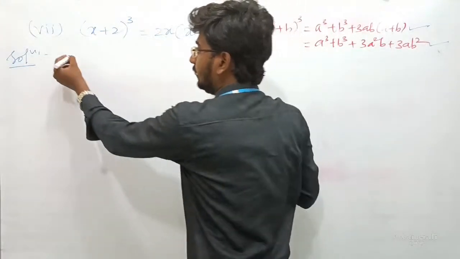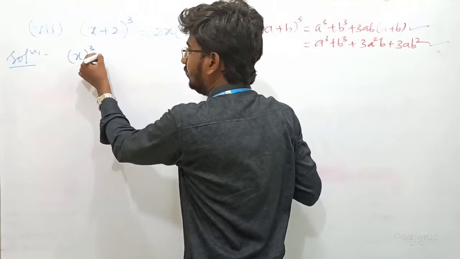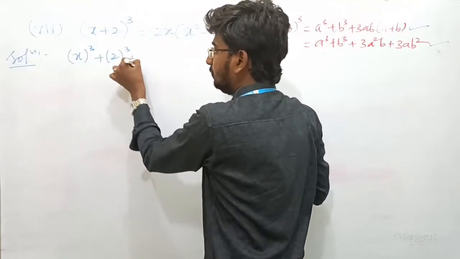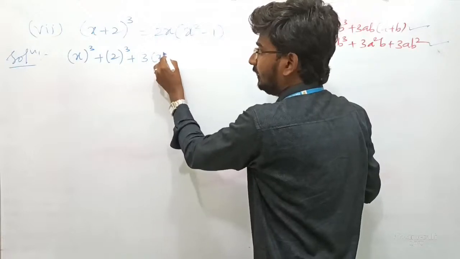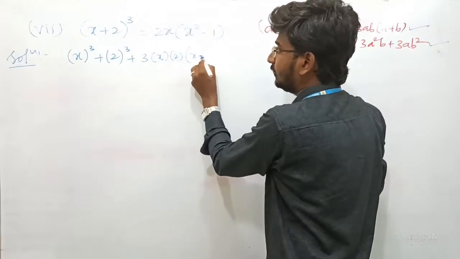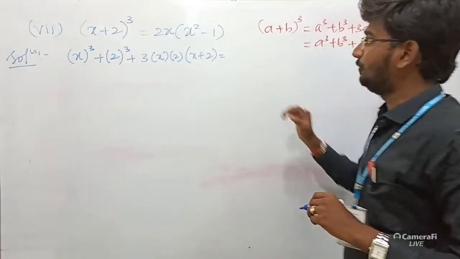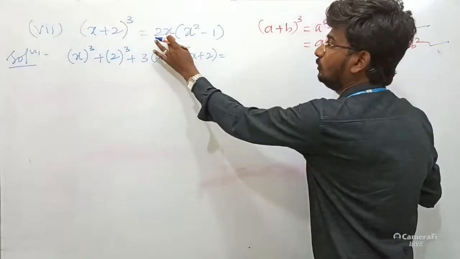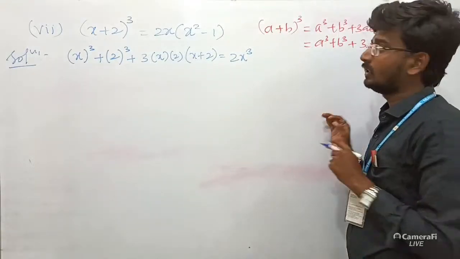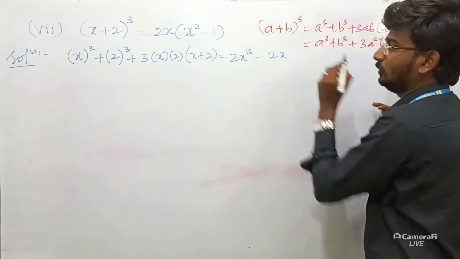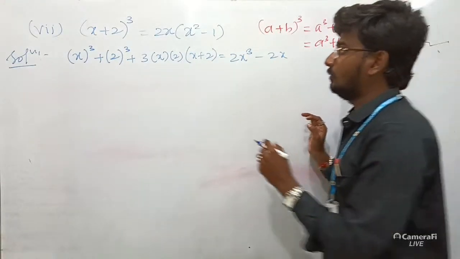x plus 2 whole cube can be written as x cube plus 2 cube plus 3 into x into 2 into x plus 2 is equal to. Now multiply the bracket term. 2x into x square will be 2x cube minus 2x. Now multiply.